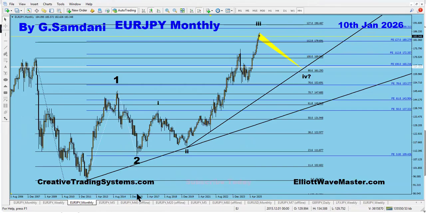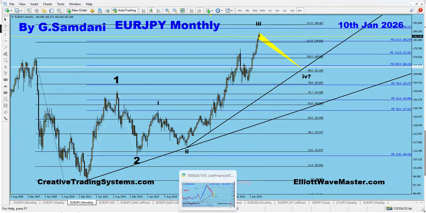So it's like wave 1, 2, and then 1, 2, 3, and now we're going to drop in wave 4, because I think that the Bank of Japan is going to intervene, and because of that, all the yen pairs are going to drop. Right, so then we're going to have wave 4, and then maybe later it will fly again to the upside. Right, so this is it.